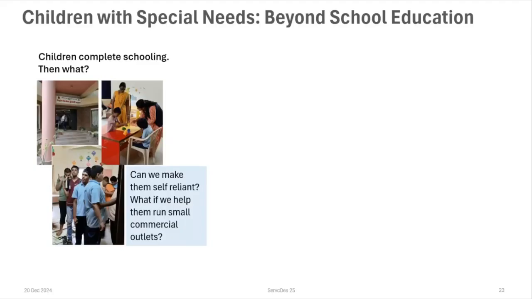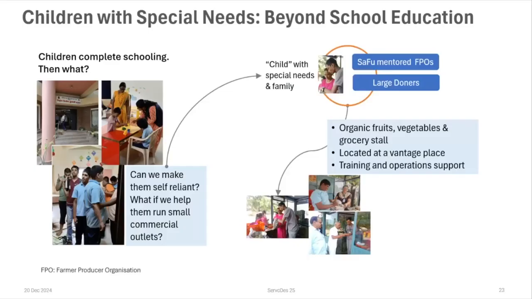So this is where a real long-term view, and looking at your end users from a long-term perspective, becomes important. How do you do that? There came in this idea from within SAFU.